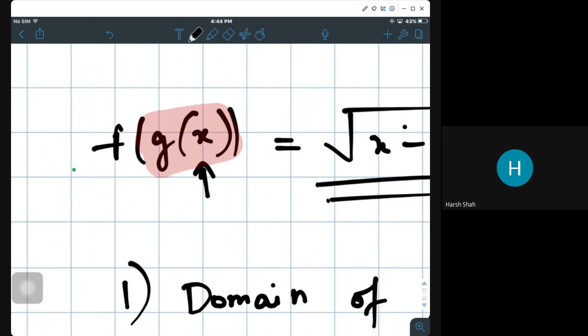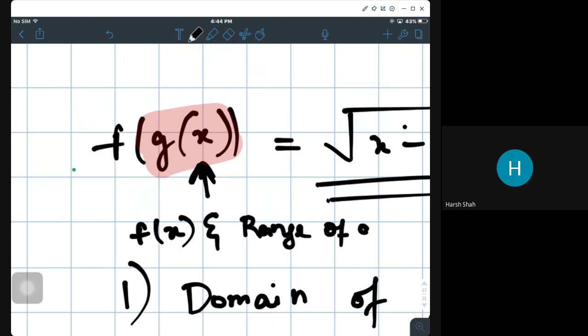Now the output of g(x) goes into f(x), so the domain of f(x) and the range of g(x) should have some overlap.